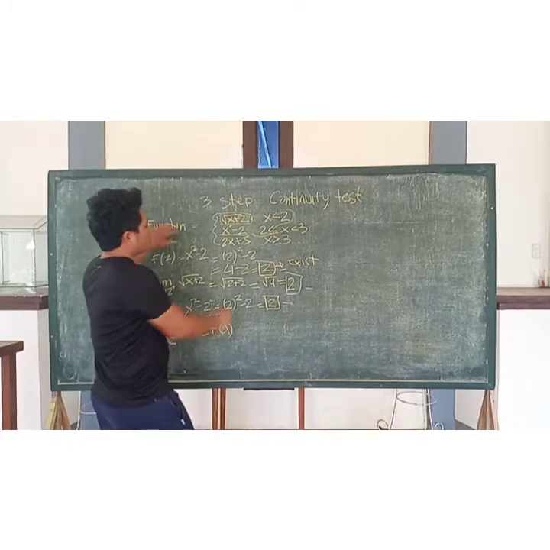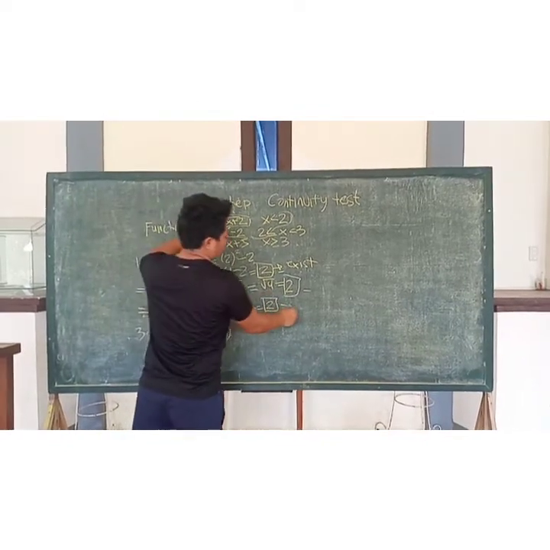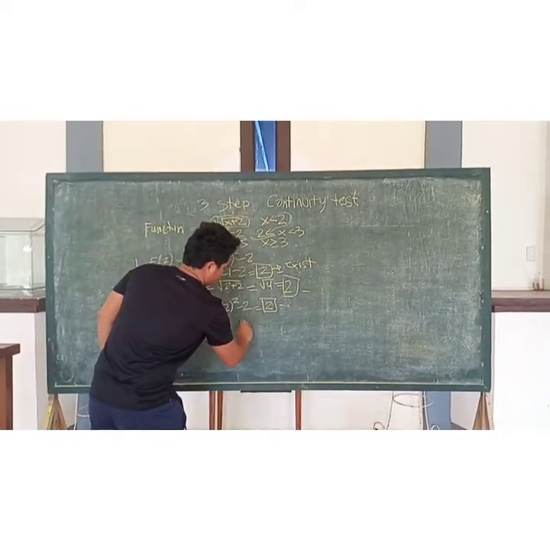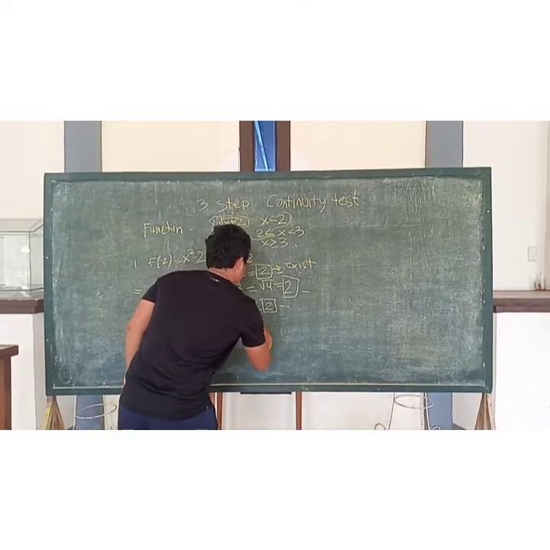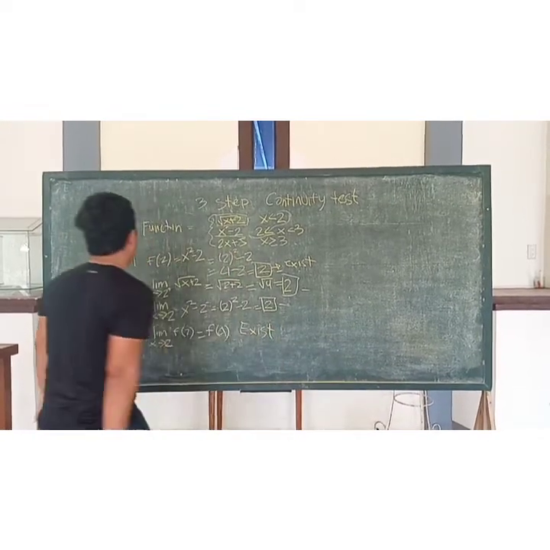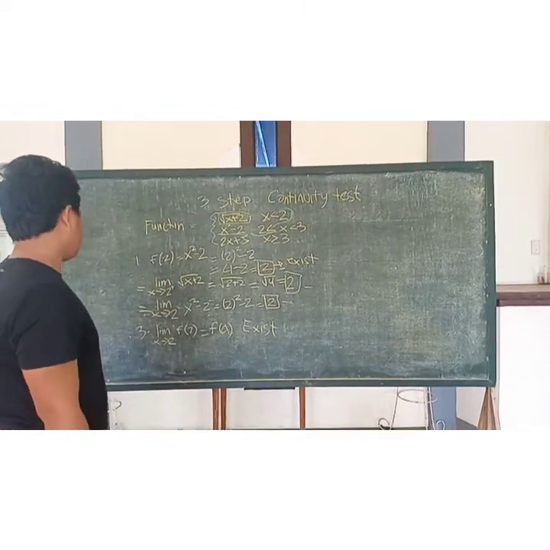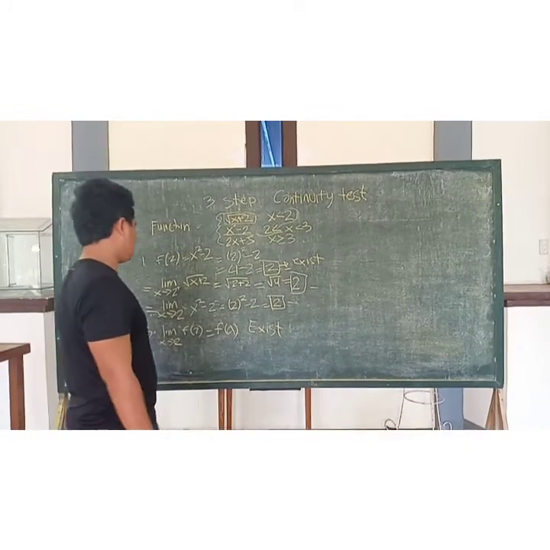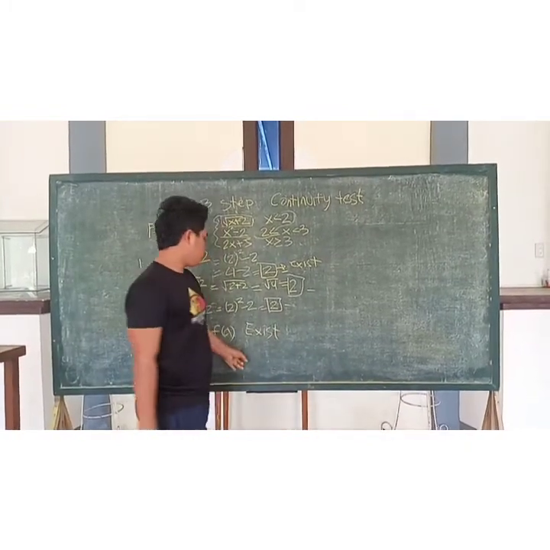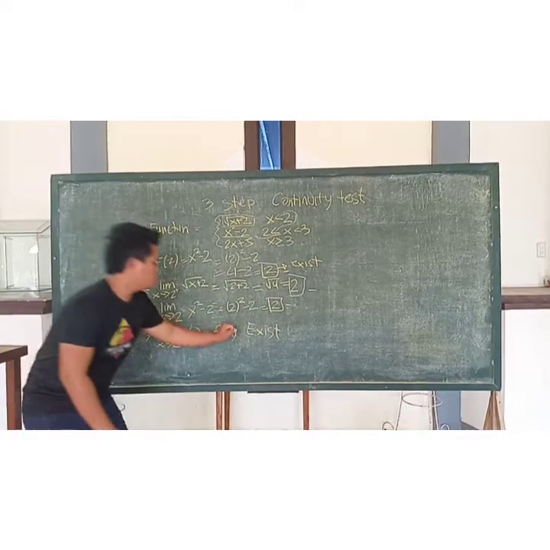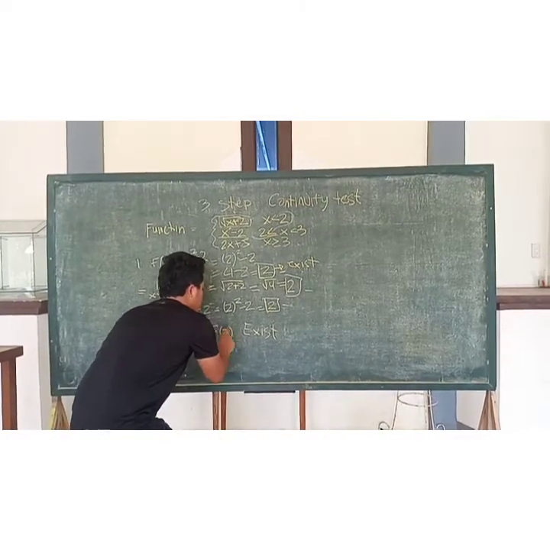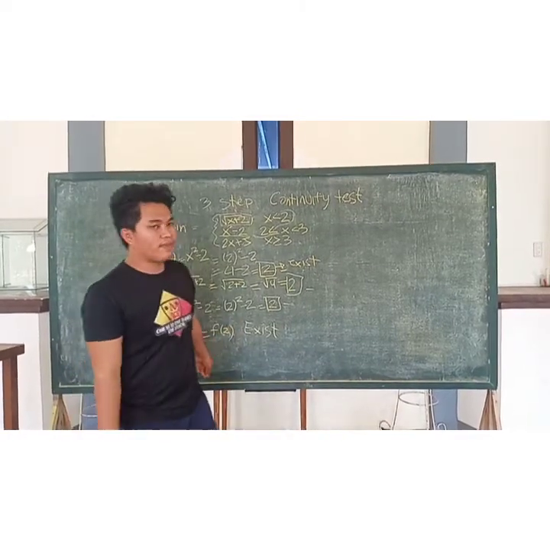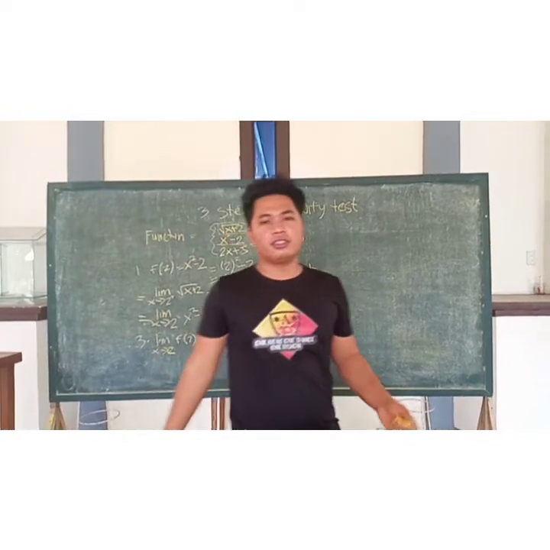This means that this function is continuous at 2, and f of 2 is defined, so step number 3 is correct.